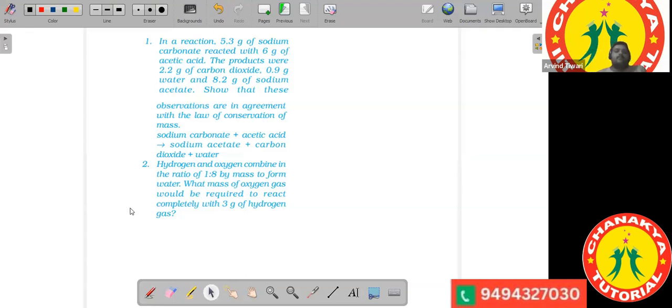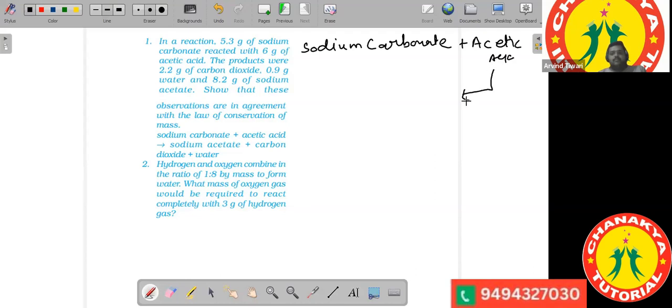So over here, the law of conservation of mass states that mass of reactants is equal to mass of products. So 5.3 grams of sodium carbonate plus 6 grams of acetic acid is equal to 2.2 grams plus 0.9 grams plus 8.2 grams.